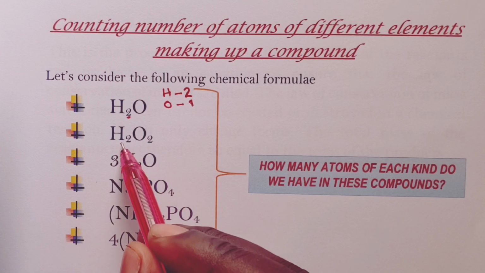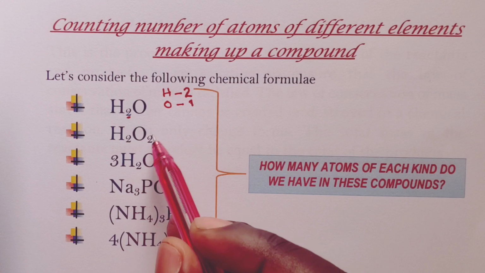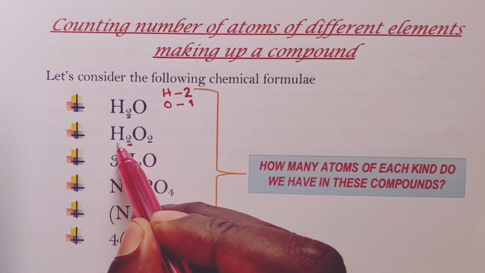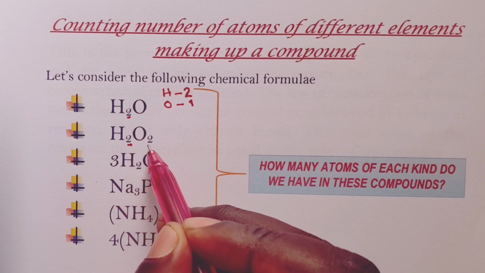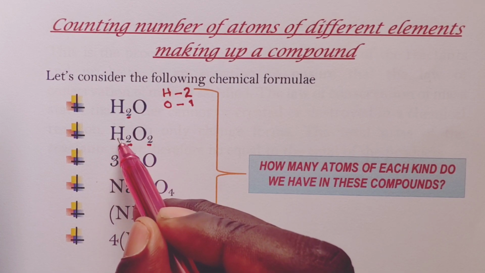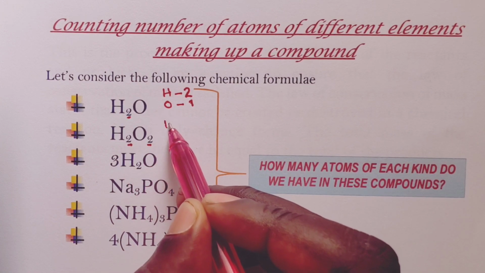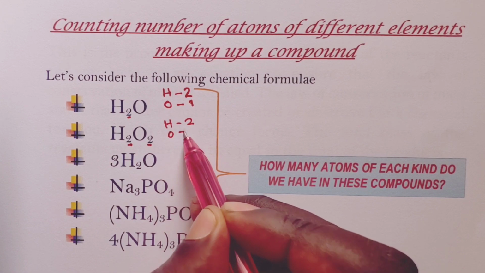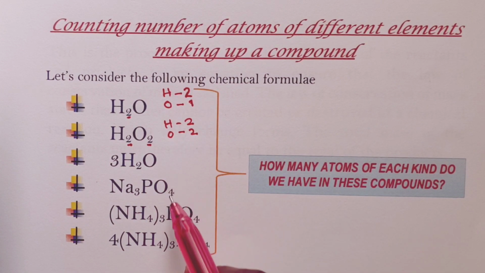Let's see what happens next. We have H2O2. This 2 is going to affect the hydrogen and not oxygen. Then this other 2 will only affect oxygen and not hydrogen. So in our second formula, hydrogens are 2 and oxygens are also 2.